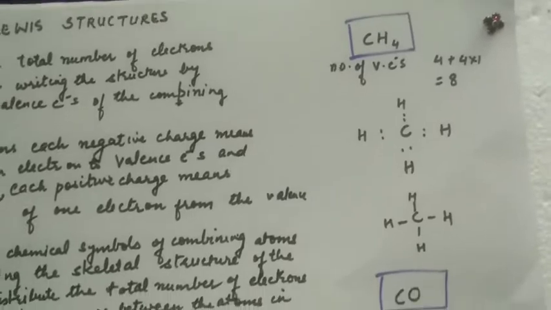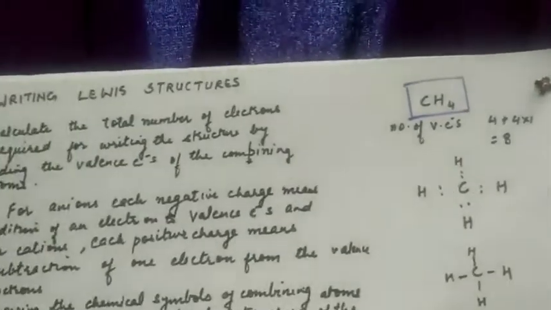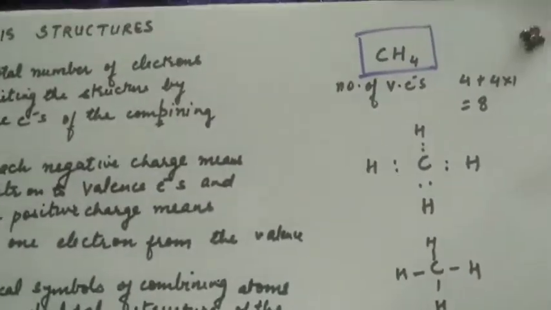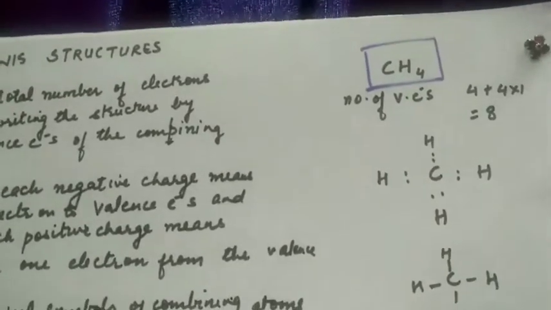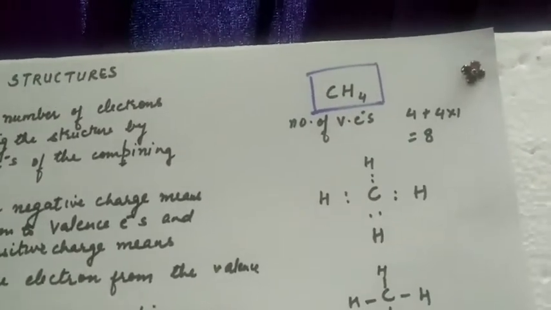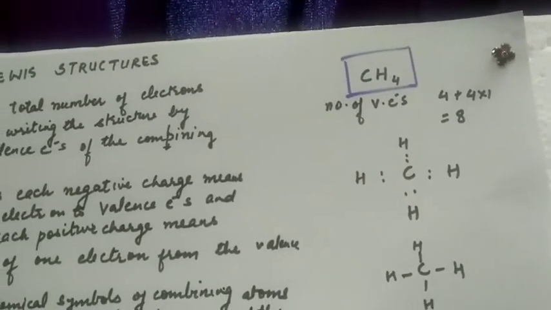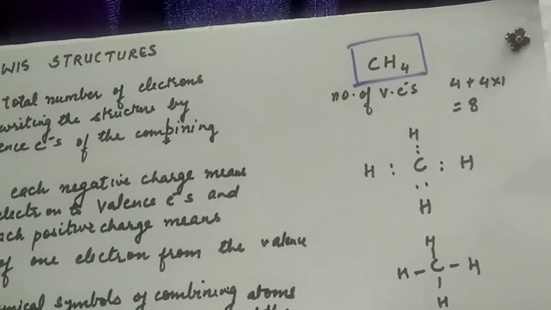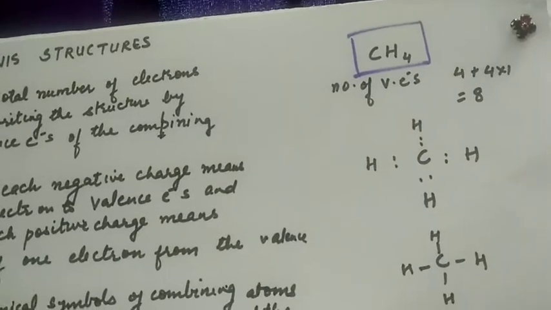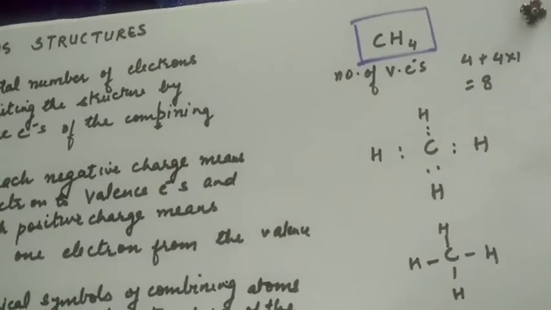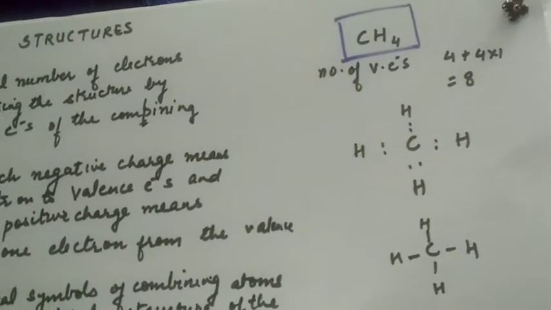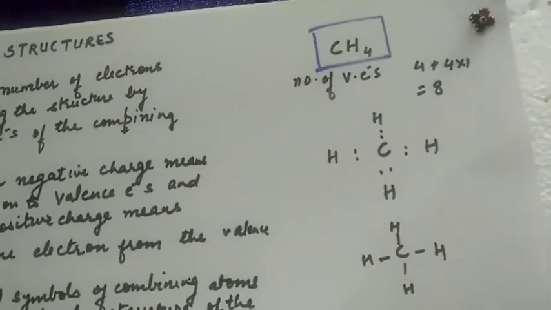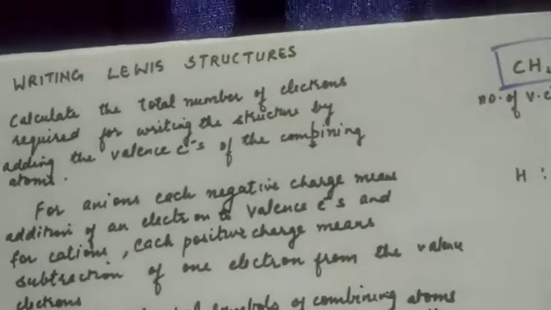Similarly, in the valence shell for hydrogen there is 1 electron in the first shell, but there are 4 hydrogen atoms, so total valence electrons in hydrogen are 4. So total valence electrons become 4 plus 4 is equal to 8. So we will distribute 8 electrons in different bonds.